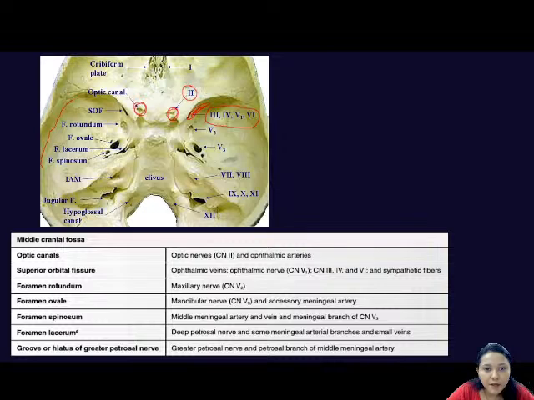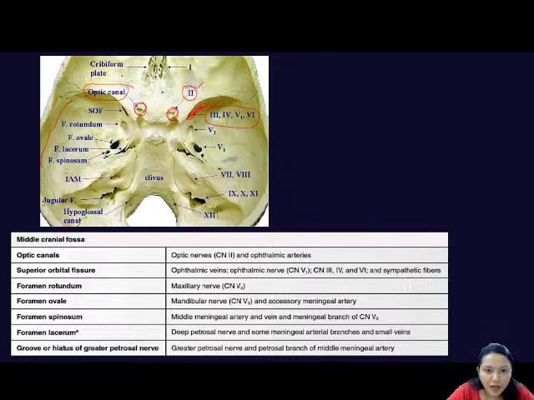Okay. So till now we have studied that through the optic canal, what is going to get transmitted? That is cranial nerve number 2, and through the superior orbital fissure you have cranial nerve number 3, 4, V1 and 6.